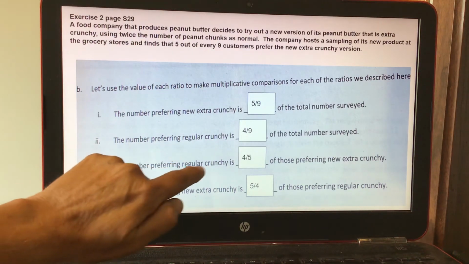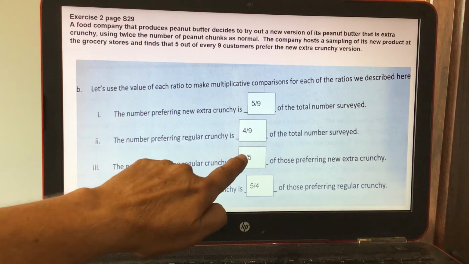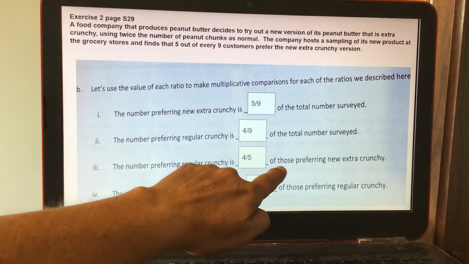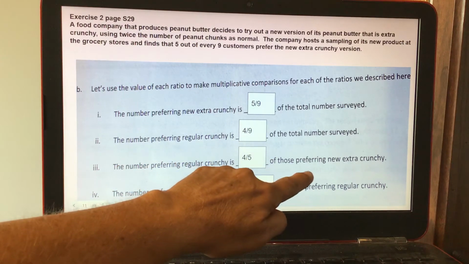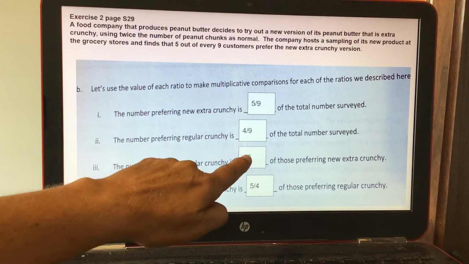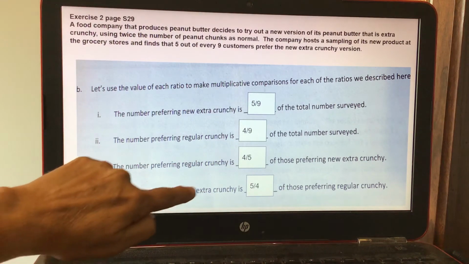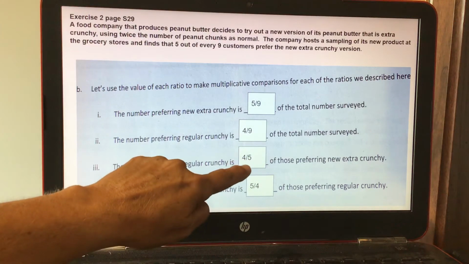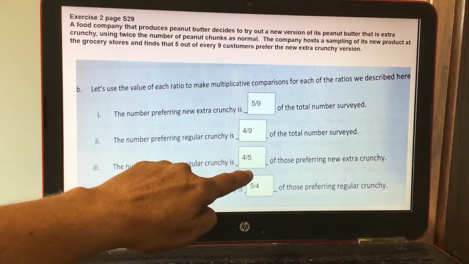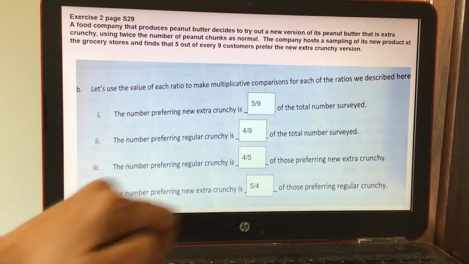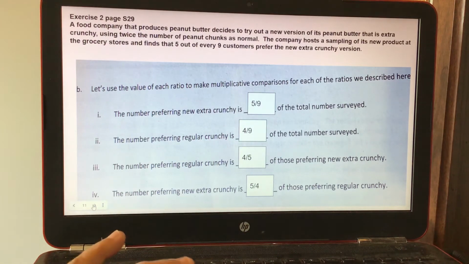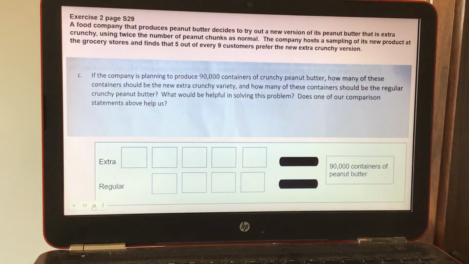The number preferring regular crunchy was 4 over, of those preferring new extra crunchy would be 5, your denominator. The number preferring new extra crunchy would be 5 on top, the numerator, of those preferring regular crunchy would be 4, the denominator.